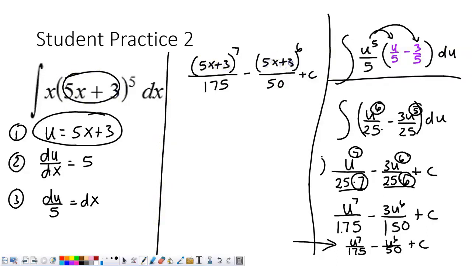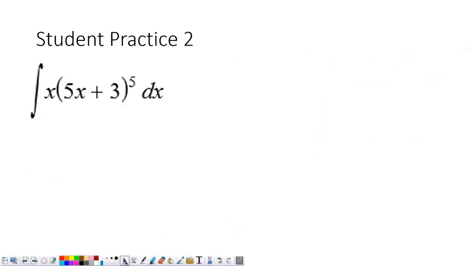And that's one way you can write your answer. The other way you can write it is as fractions multiplying the parentheses instead. And there you go.